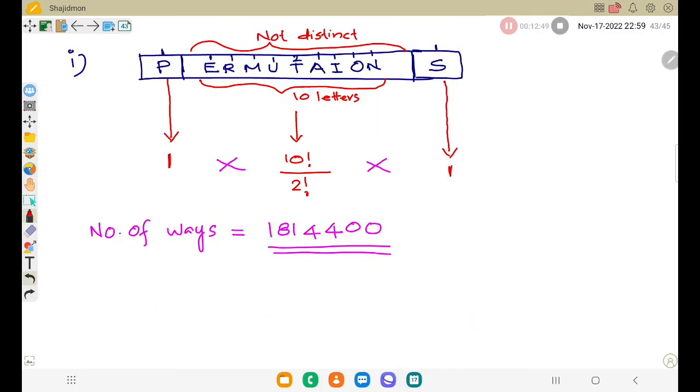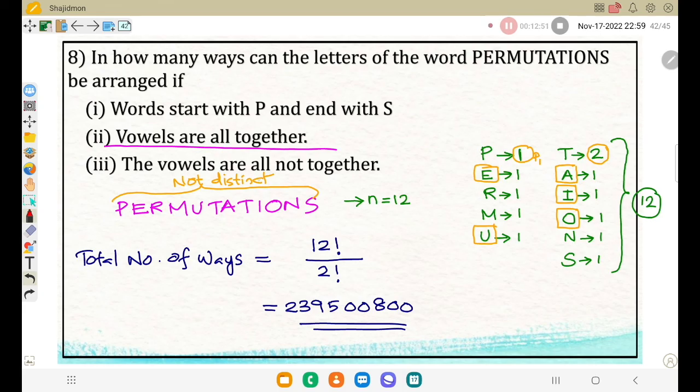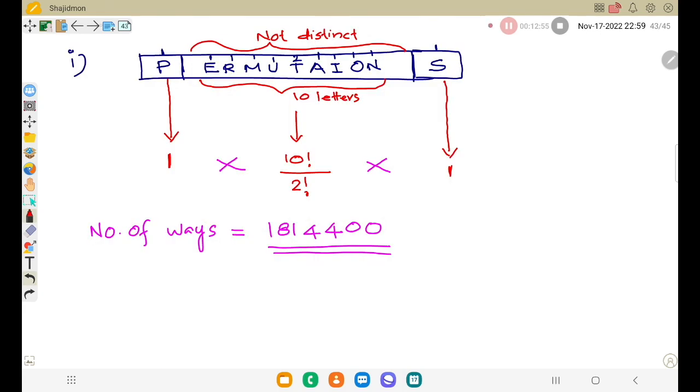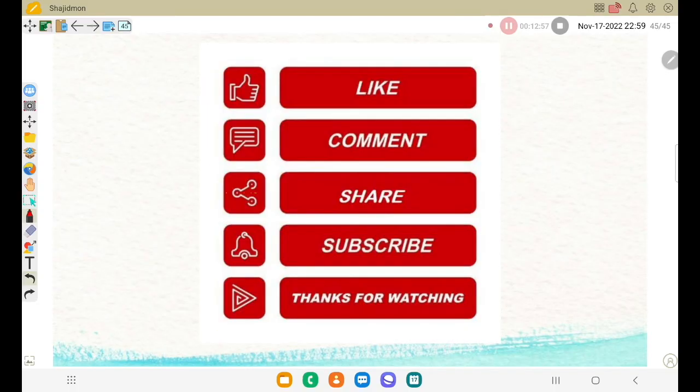Okay, now the third part of the question. The vowels all not together. Not together. Correct? We studied that one. We did one question like that. Correct? All vowels are not together. So vowels all not together.